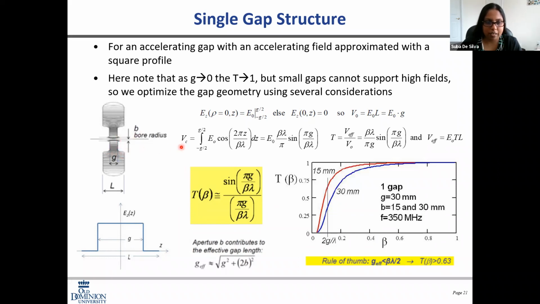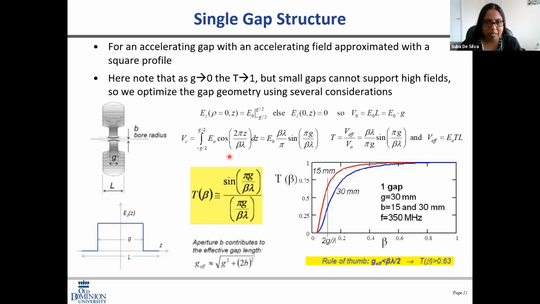So you can calculate the voltage by integrating the field in between the gap. For the simplest form, we use a square profile, but it's more of a cosine in practice, because the field decays into the aperture outside the gap. But for now, for simplicity, let's use a square profile.